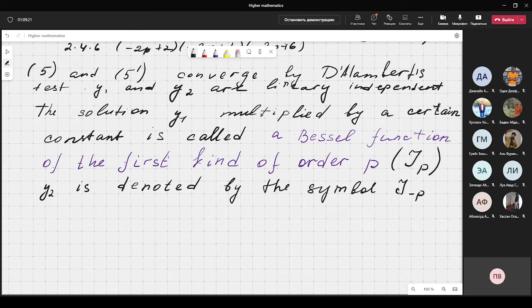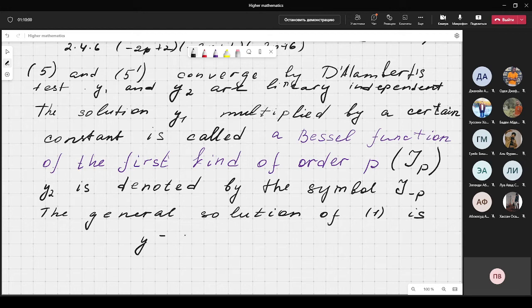Thus, for p not equal to an integer, the general solution of equation 1 has the form y equals c first times J_p plus c second times J_minus p.